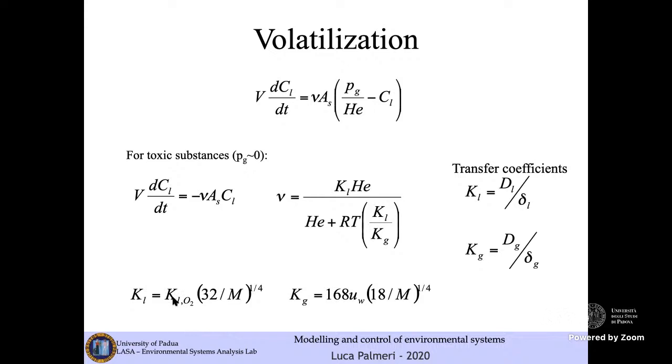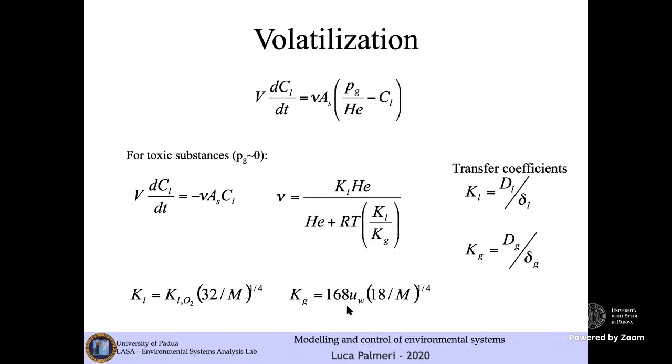to the equilibrium constant in the liquid phase of oxygen by this ratio, 32 divided by the molar weight of a particular substance that you're looking at. So for a particular substance, you evaluate the equilibrium constant in the liquid phase through the equilibrium constant in the liquid phase of oxygen, normalized by a parameter that depends on the mass of the substance that you're studying.